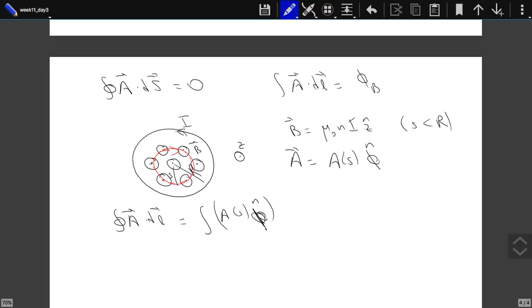What is dl? The dl cannot be A(s). dl is an infinitesimal vector. What is the dl vector? It has its magnitude, let's call it dl. Well, is it phi hat or minus phi hat? You see, this is our z-axis, so phi hat is counterclockwise. So it is in the minus phi hat direction.